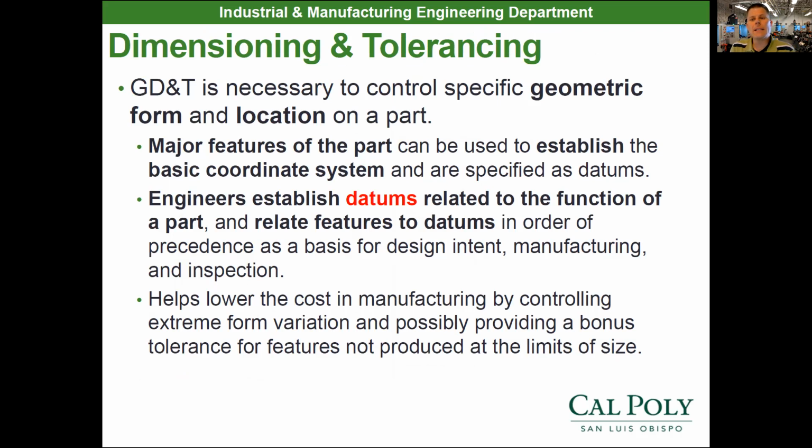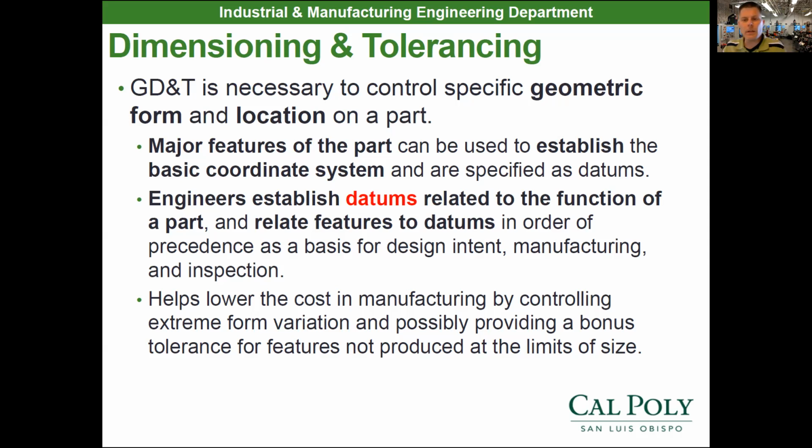So you may need to establish something called a datum to relate to the function of the part. A datum is basically one of the major features or surfaces on your part that you compare other features off of, or the size and location of things off of.